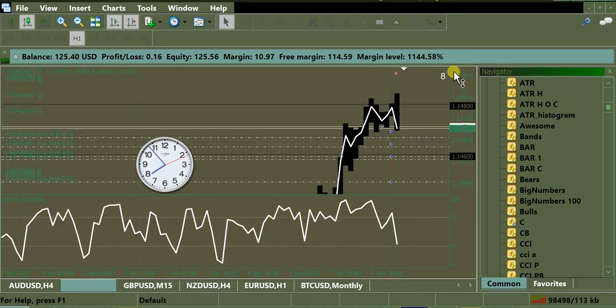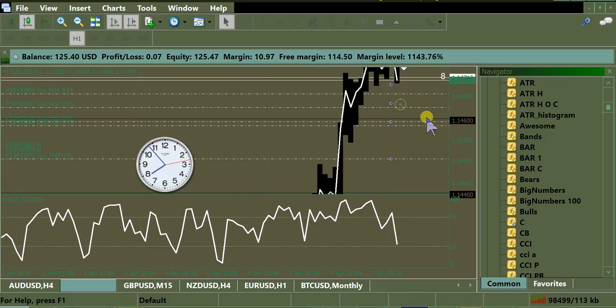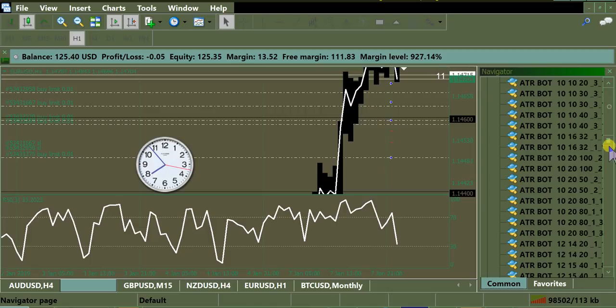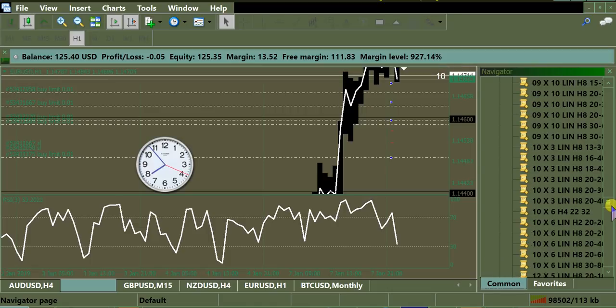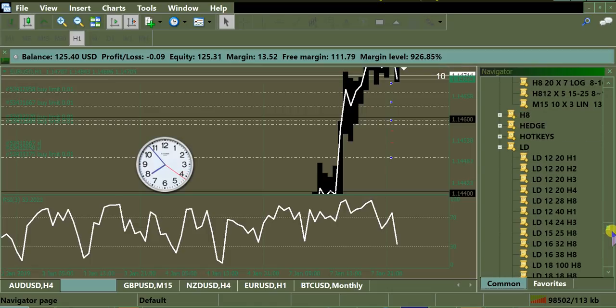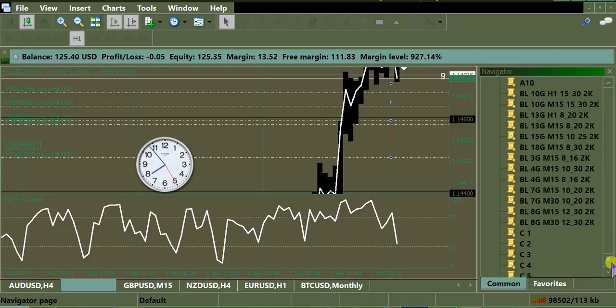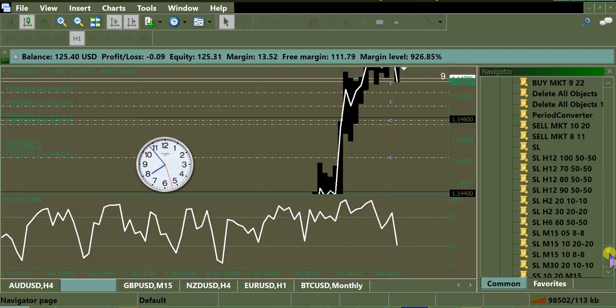Oh, here, getting a pullback on the... I'm going to put some more orders in there if that's the case. So I'm not going to put these drops in because I know that these are all kind of nice.